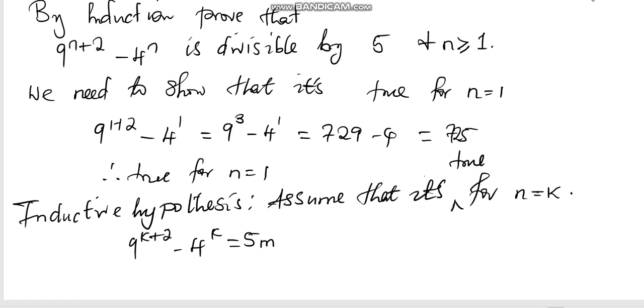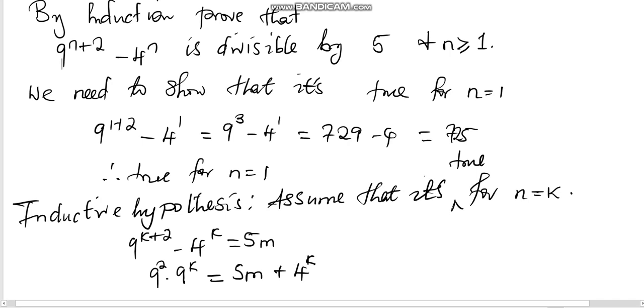Now if we have powers that are being added, it means that we had numbers with the same base but different powers that were being multiplied. So this is the same as 9 to the power 2 multiplied by 9 to the power k equal to, we shift the negative 4 to the power k to the other side, so we have 5m plus 4 to the power k.